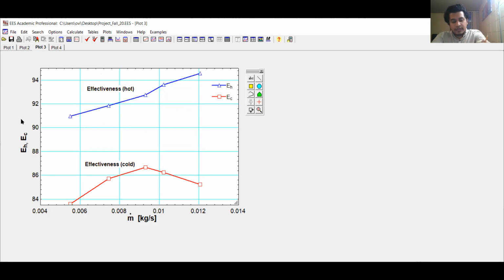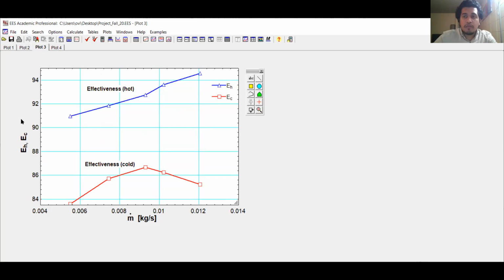Plot 3 is the comparison of the effectiveness of hot and cold fluids. In this plot, we can see that hot and cold effectiveness increase with increasing mass flow rate and try to approach each other, and there is an optimum point at which the gap between the hot effectiveness and the cold effectiveness is minimum, and then it increases again.